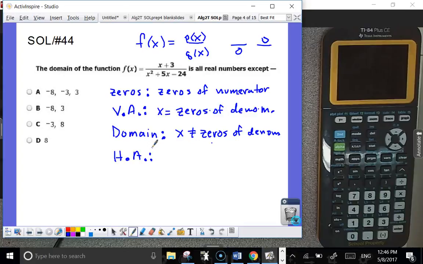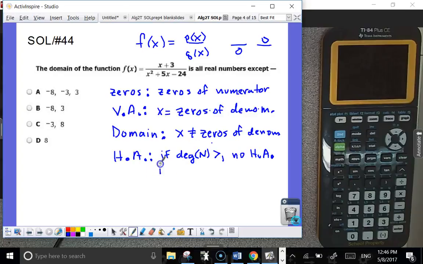So if the degree of the numerator is greater, what's the horizontal asymptote? No horizontal asymptote, if the numerator is a higher power of x than the denominator, right?